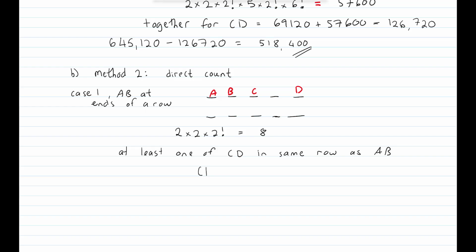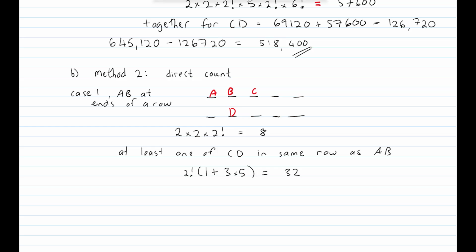Then if we have one in each row, so say one there and one there, or we could have that. So there's going to be plus, well, in row 1, we've got 3 spaces left, and each of those spaces will match with 5 spaces in row 2. Then we times by 2 factorial, because we can swap the C and the D round. So that is altogether going to be 32.